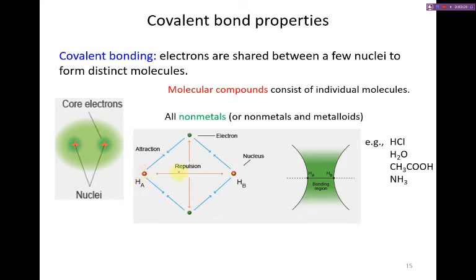The nuclei repel each other because of their positive charges, and the electrons repel each other because of their negative charges. But there's an attraction between the electron and the proton of the hydrogen atom, and that attraction is between the nucleus of an individual hydrogen and both electrons.